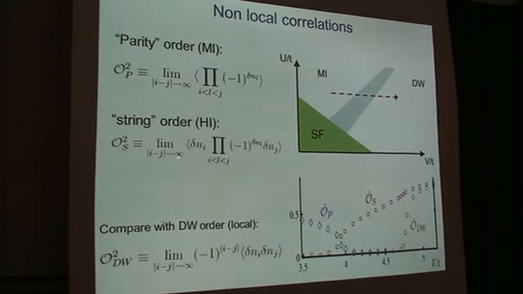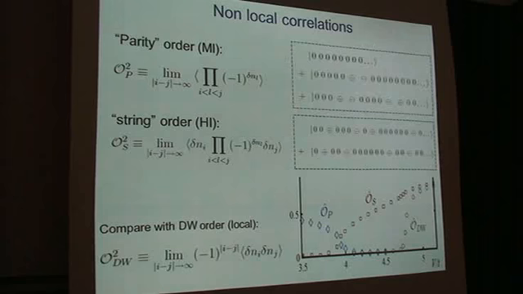This is the so-called string order parameter squared, and this is what I call a parity order parameter. And I'll show you in a second what it measures actually. I claim that the parity order parameter is a signature, and I'll show it rigorously in a few slides, a non-local order parameter of the trivial Mott insulating phase. So the Mott insulating phase is constructed schematically as follows. It's delta n equals 0, 0, 0, 0 everywhere.